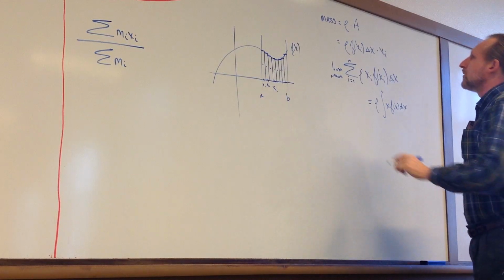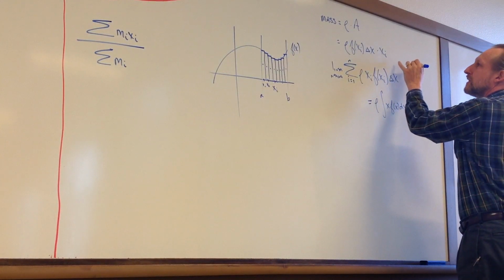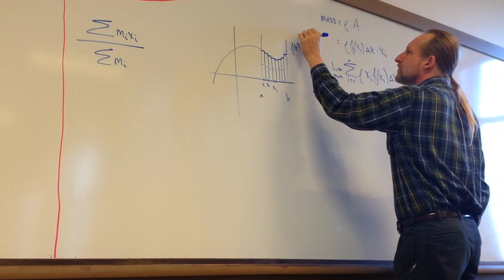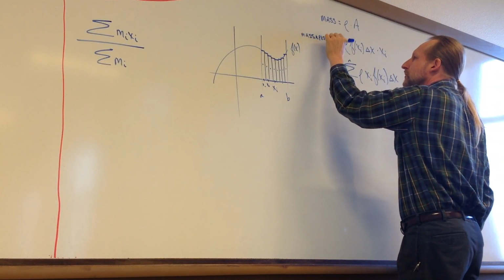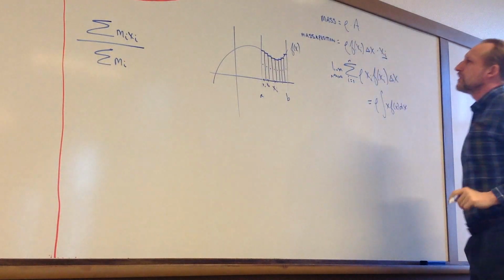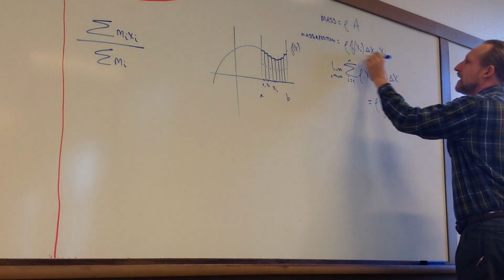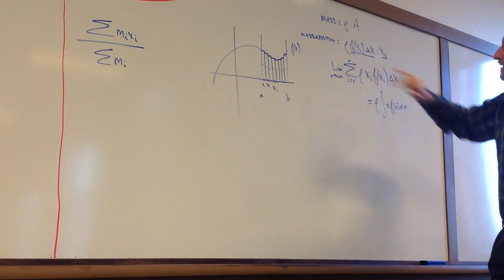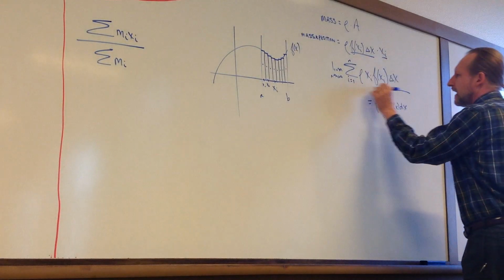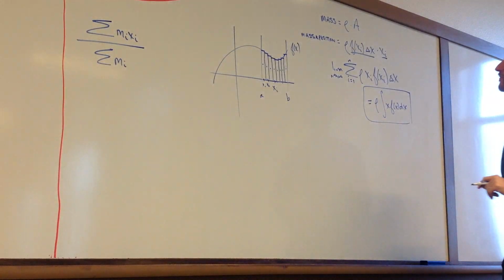So this is mass times position right here, because there's our position, our x sub i. So this is our mass right here, there's our position. When we turn it into a sum and take the limit as n goes to infinity, that creates the integral.